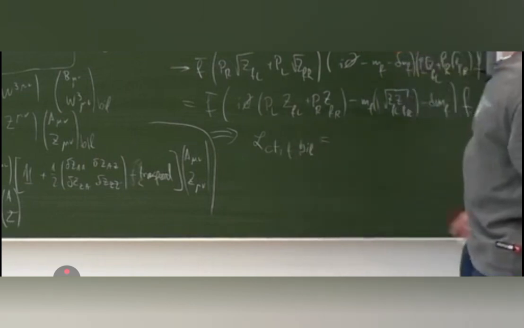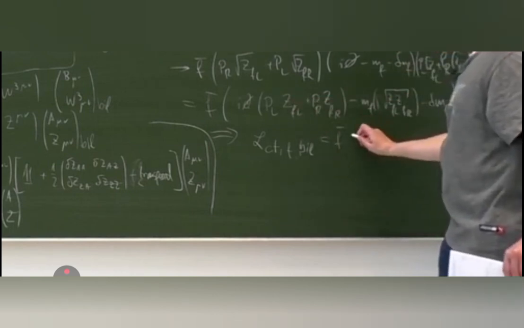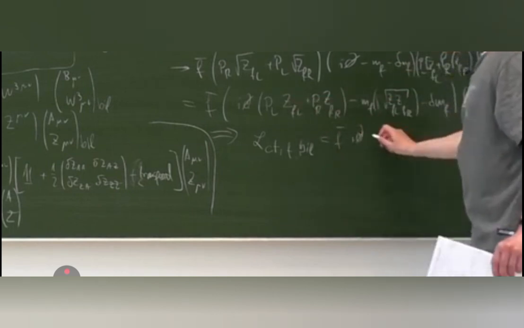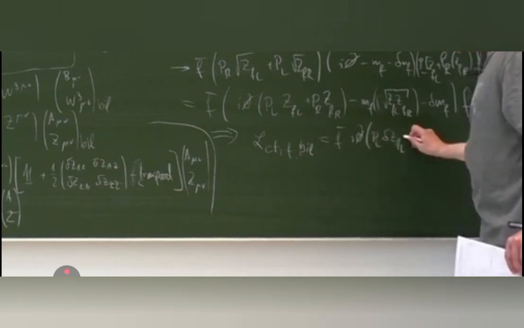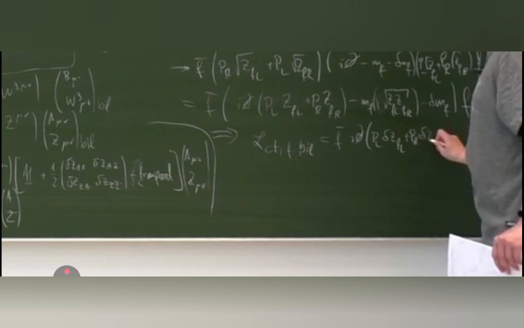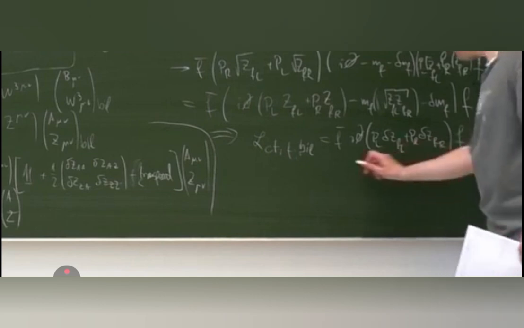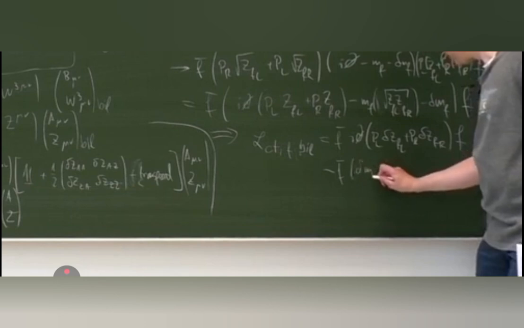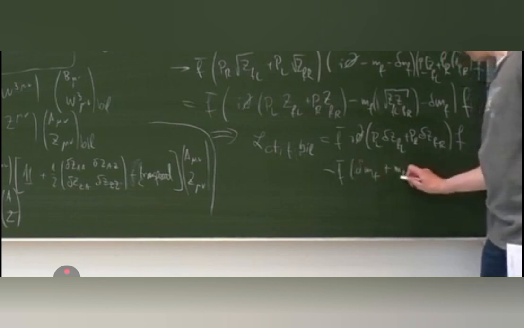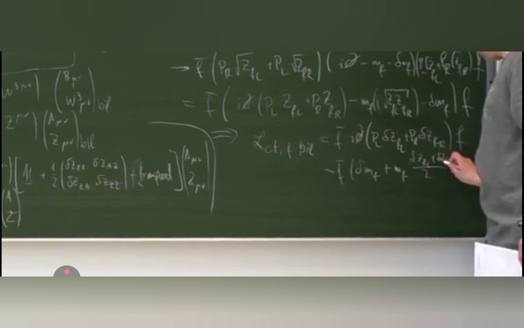That would now be exactly the delta part of this Lagrangian, and that is here f bar times i d slash times P_L delta Z_FL plus P_R delta Z_FR times f minus f bar times delta m_f plus m_f times 1/2 delta Z_FL plus delta Z_FR.